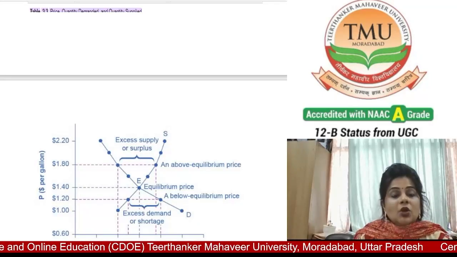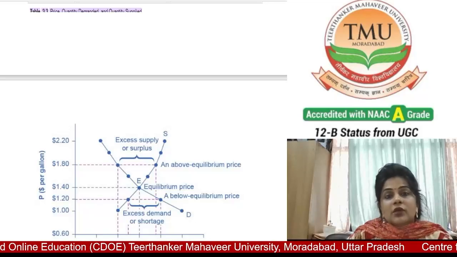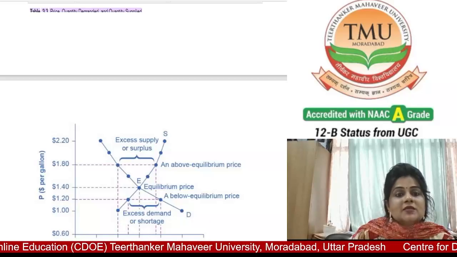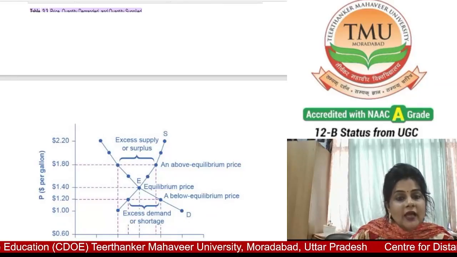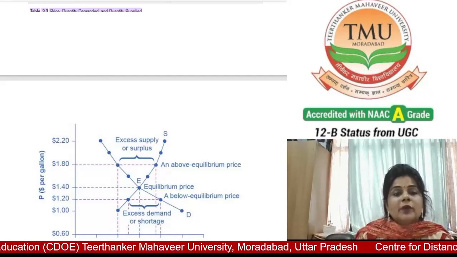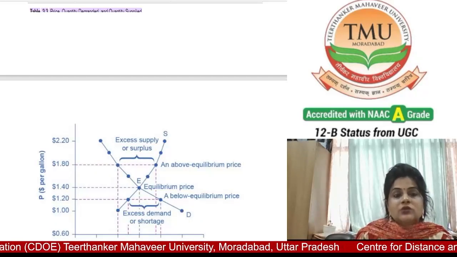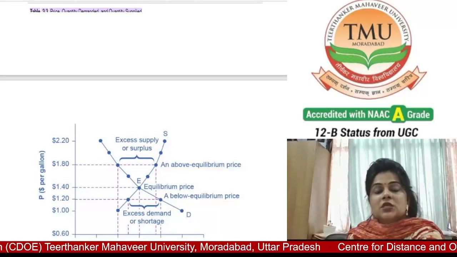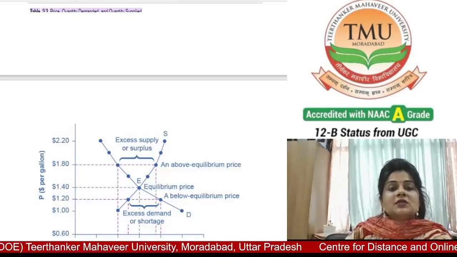At this price, the quantity demanded equals the quantity supplied. A price higher than the equilibrium price increases the quantity supplied and reduces the quantity demanded, causing a surplus.